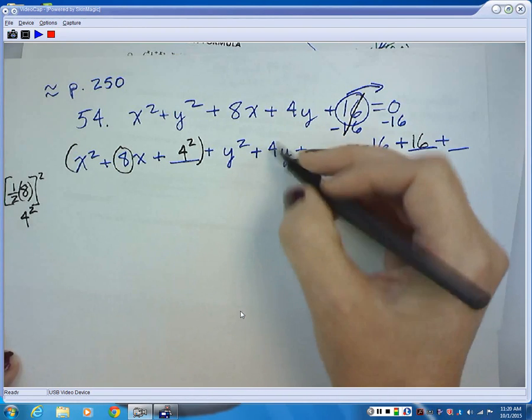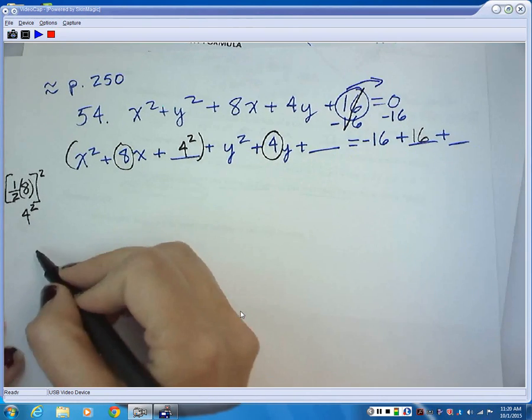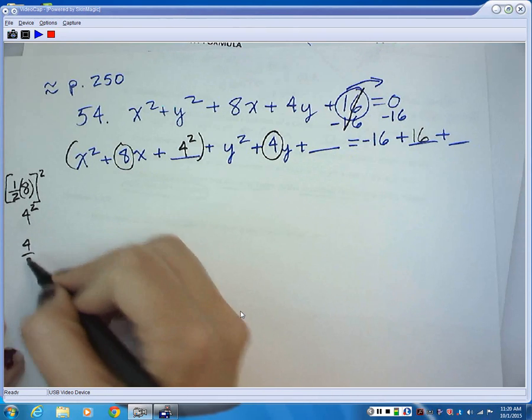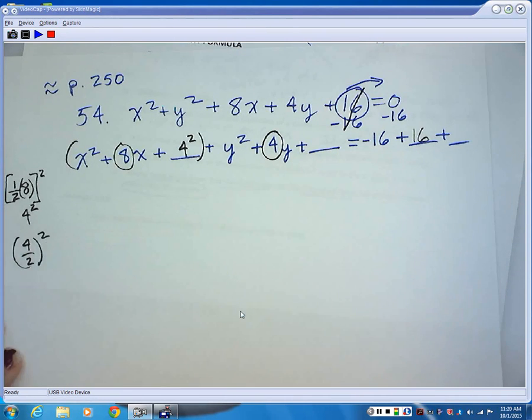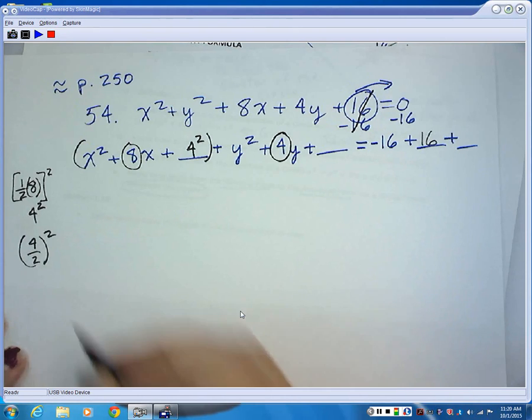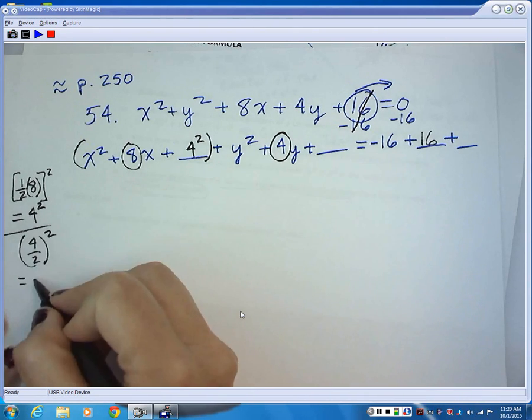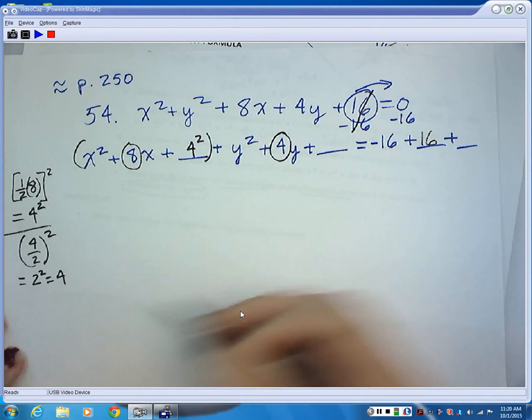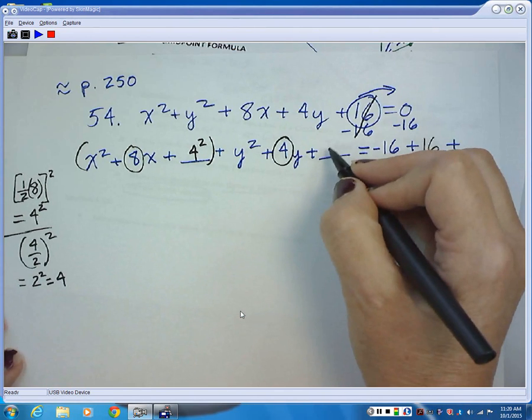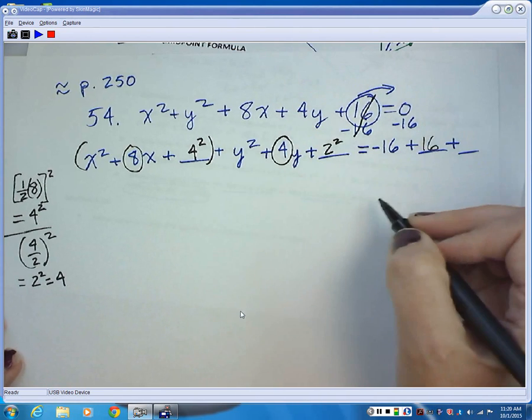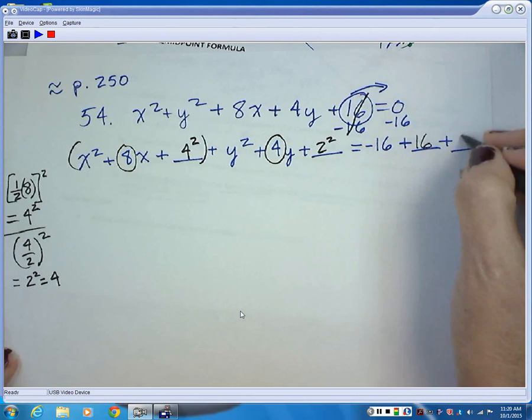Now, what do I have to add here to make it a perfect square? So I take 4, take half of 4, square it, that's 2 squared. So I can write 2 squared here and 4 here.